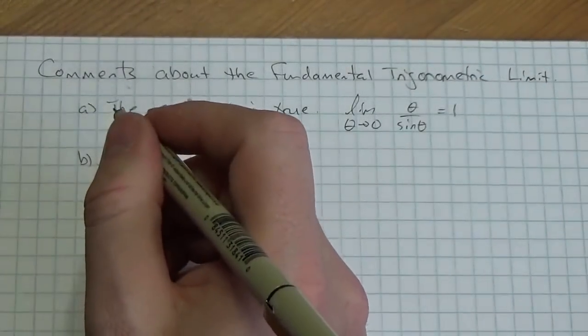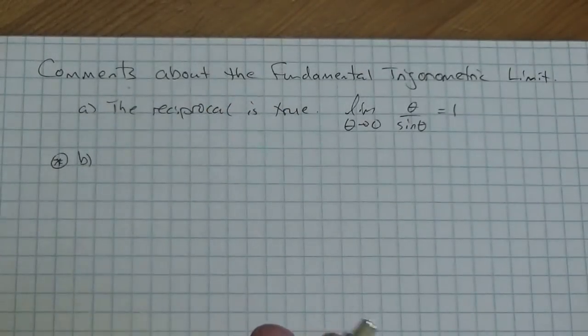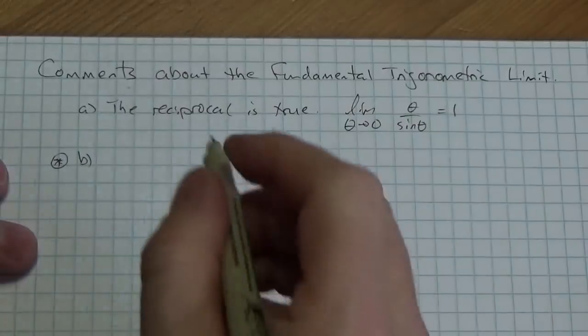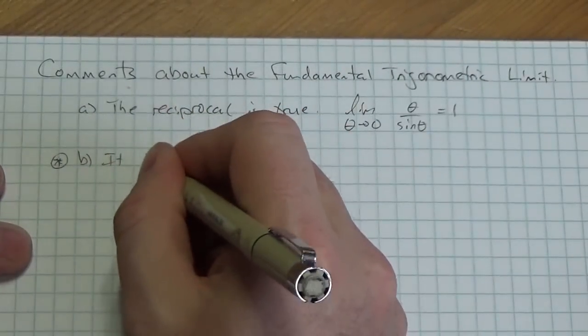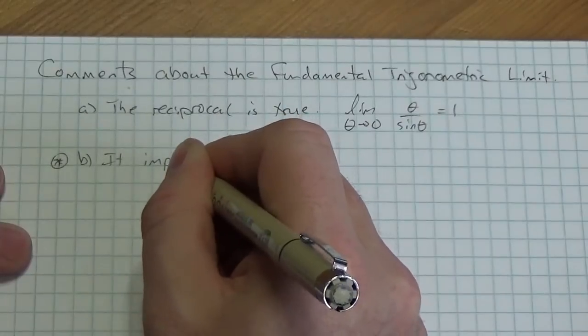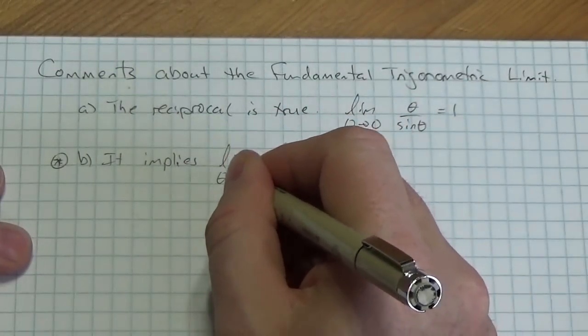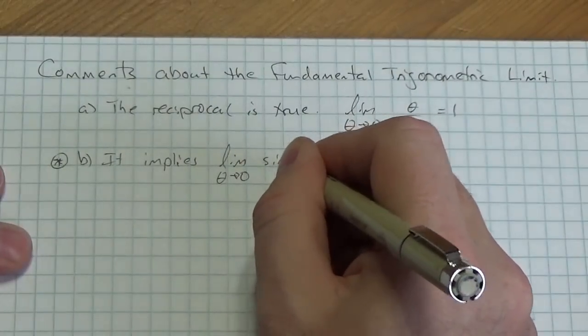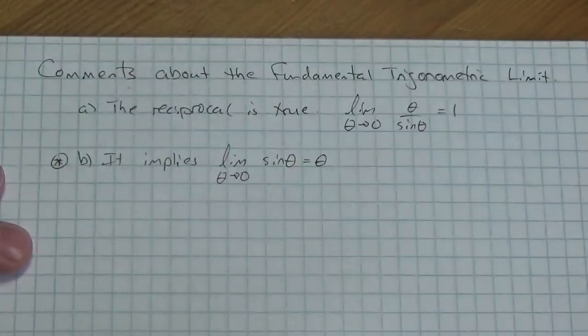Here's an idea though, and man, I cannot overstate the importance of this next relationship. The fundamental trigonometric limit implies that the limit as theta approaches 0 of the sine of theta is theta.